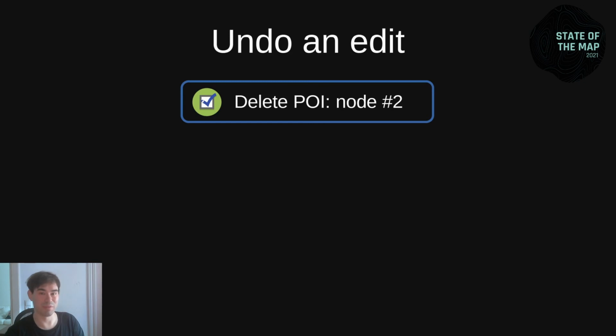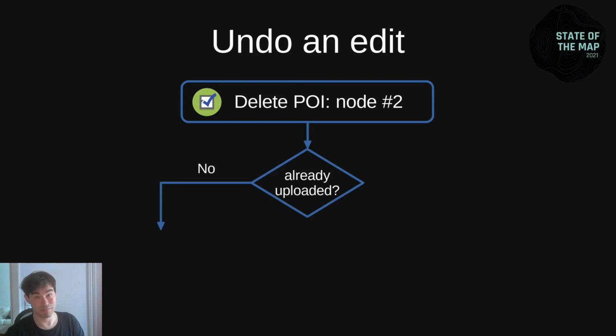Was it already uploaded? If not, then we can simply delete the edit. When the edit is deleted, the local map data is notified of that change, and thus updates its data model, and thus the quests are also updated, and the quest that asked for the bench will be recreated.